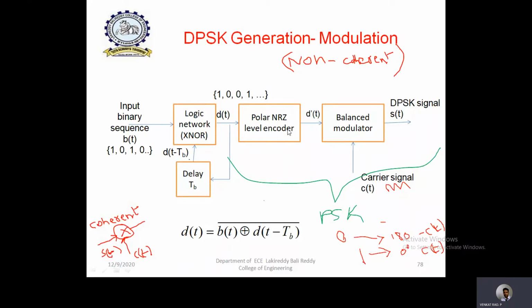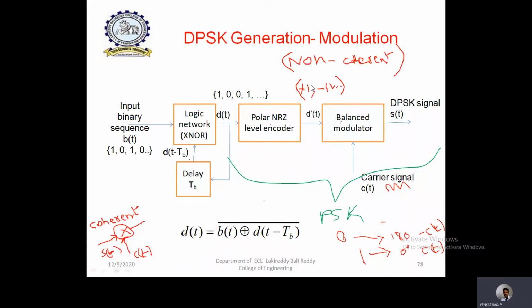After NRZ coding, each 1 is represented with +1 volt as an amplitude, and each 0 is converted into -1 volt. That means alternate positive and negative pulses are generated after this NRZ coding. After that, this is simply multiplied with the carrier signal. Here the balanced modulator is simply a multiplier.